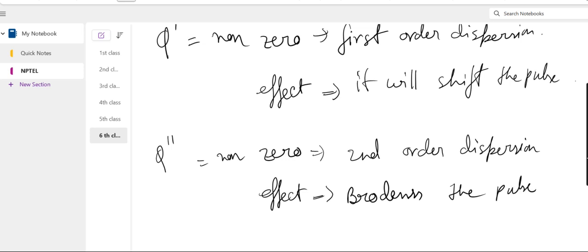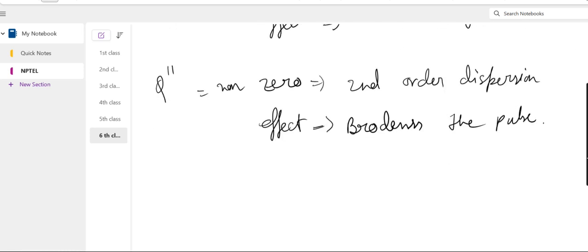So we can see that first we see the first order dispersion.